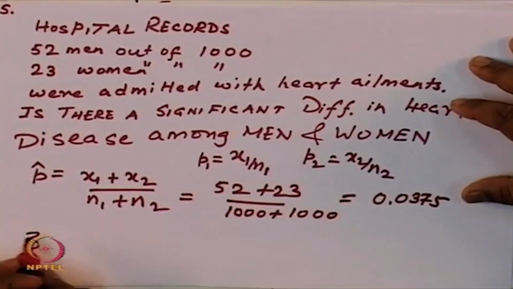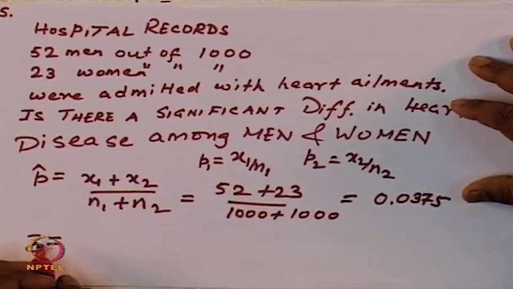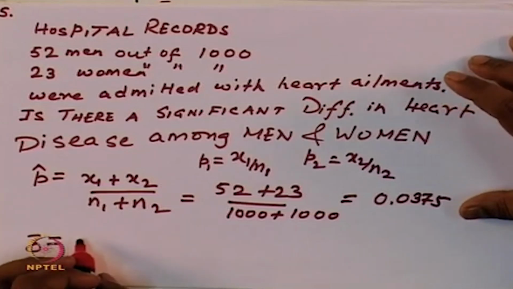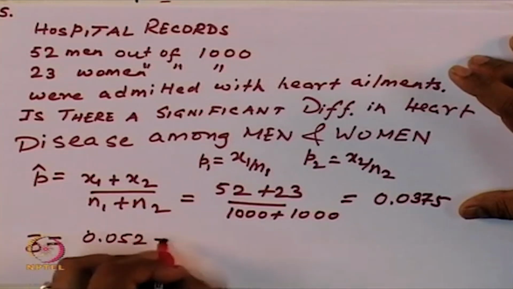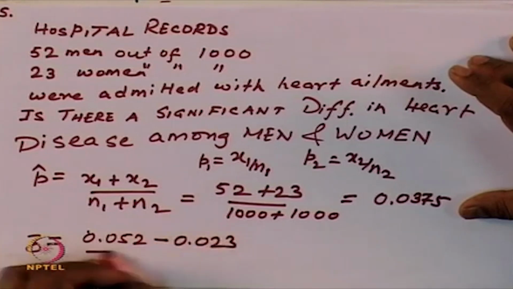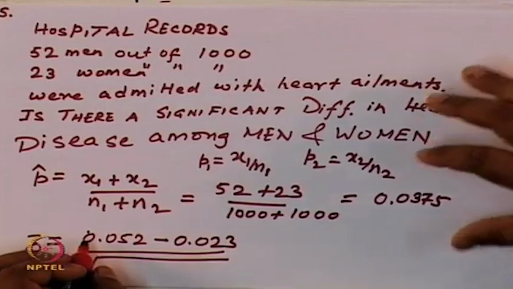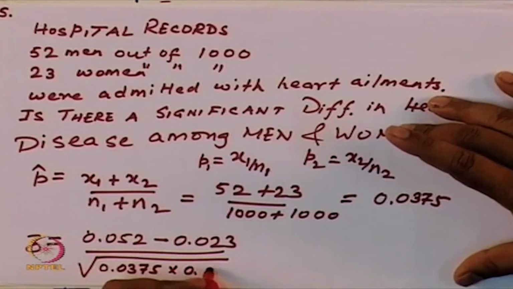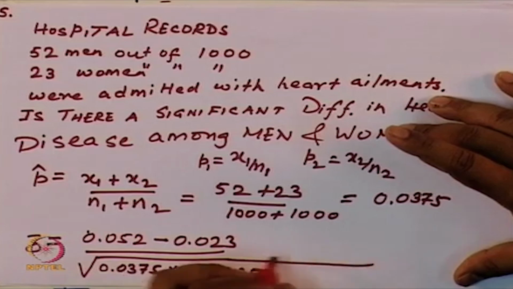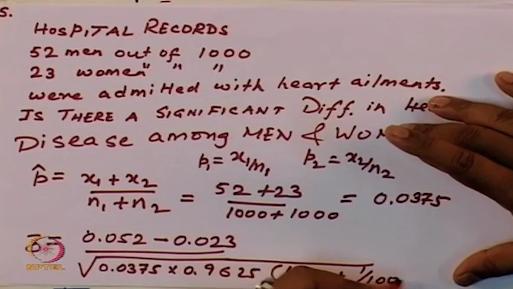Based on this P hat value, I can calculate my Z, which is P1 hat, which I know to be 0.052, minus 0.023 by root of this common value P hat into Q hat, which is 0.9625, into 1 by 1000 plus 1 by 1000.